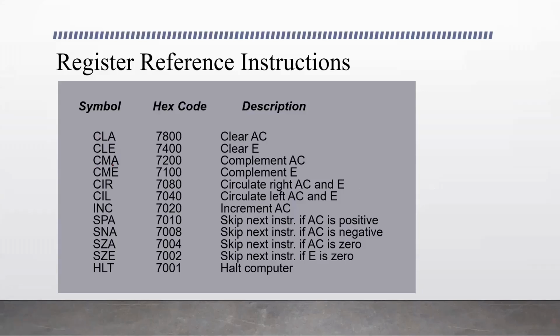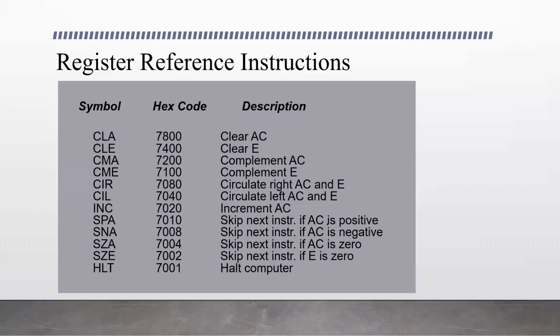And CMA is to complement the accumulator, and CME is to complement the flip-flop E, and CIR is to circulate right AC and E. CIL is to circular shift left, INC is to increment AC, and all these 4 instructions are to skip the next instruction, depending on the content in AC.